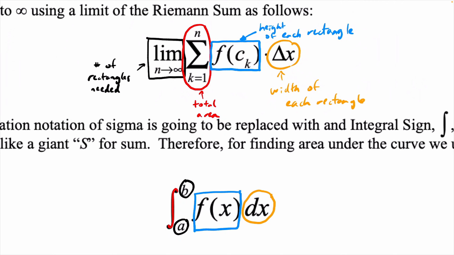You can't. Impossible to find area of a rectangle without the height or the length, whatever you want to call it, and the width. So that's why that dx is there. Delta x, the triangle is a Greek symbol, delta, it means a change in x. How wide are each of the rectangles? Okay?